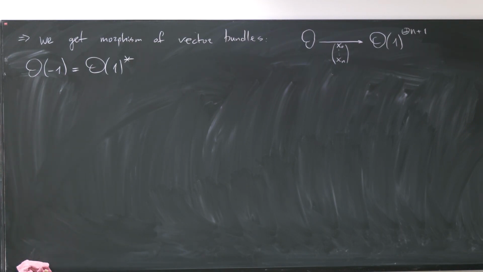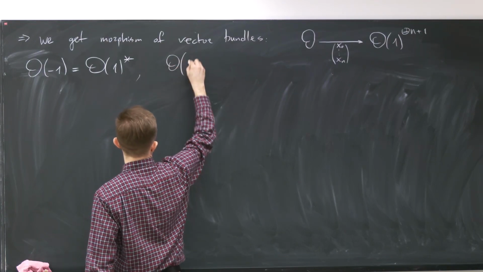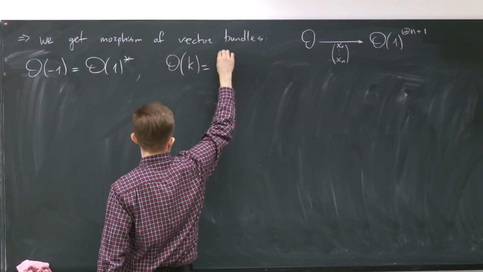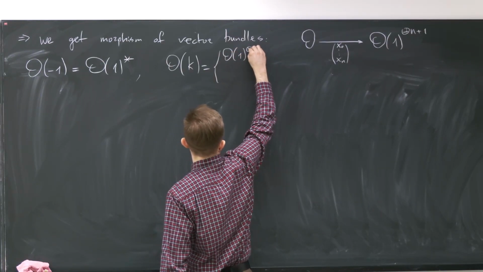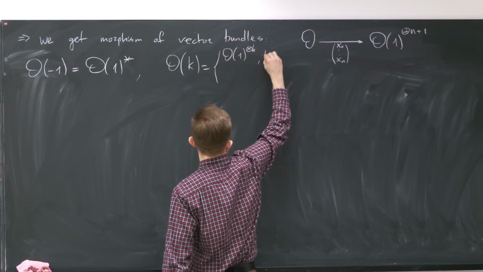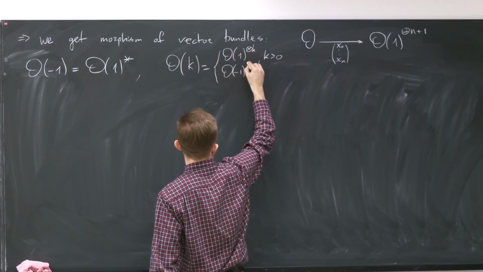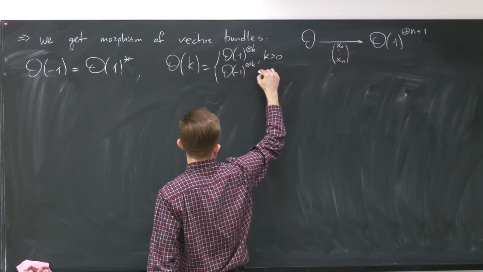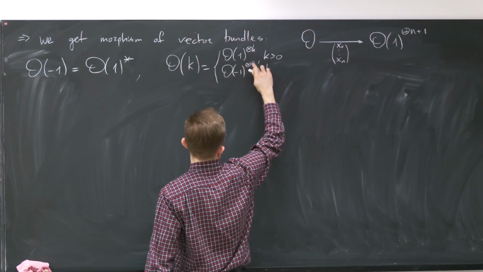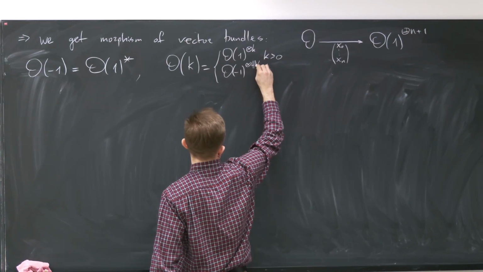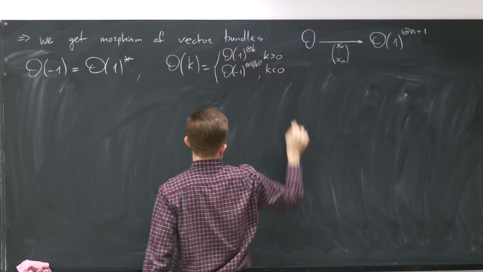The notation is like this. O of minus 1 is the O of 1 dual, and O of k is the tensor power of k copies of O of 1 if k is bigger than 0, or of O of minus 1 with minus k copies if k is less than 0.